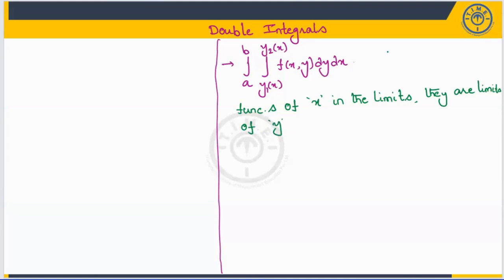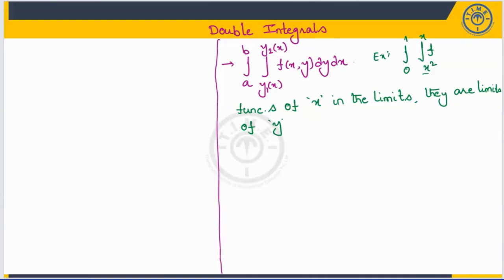And first you have to integrate with respect to y, no matter what. For example, if I am having integral from 0 to 1, integral from x square to x, some function is there.